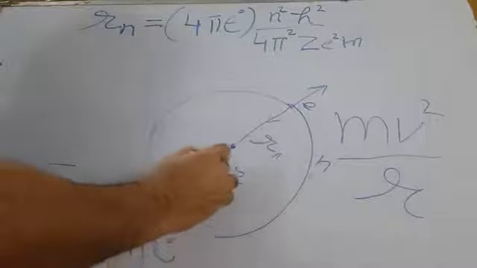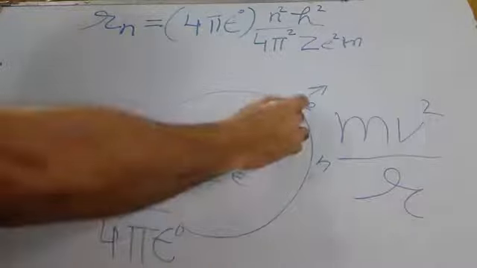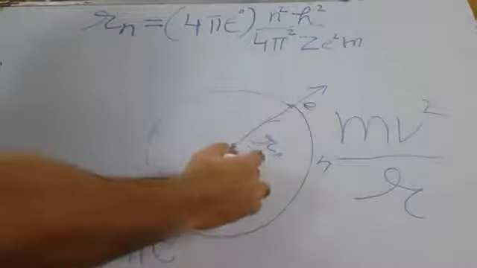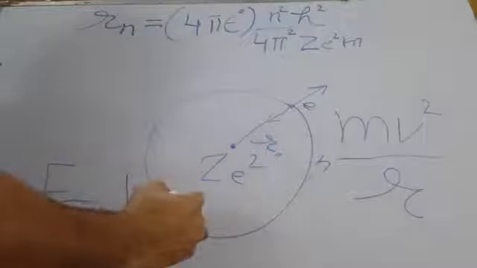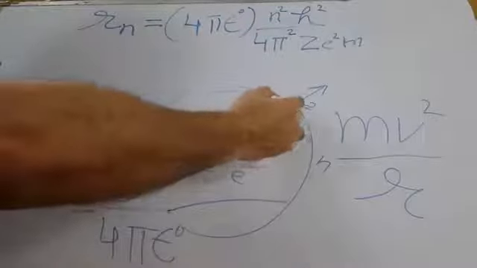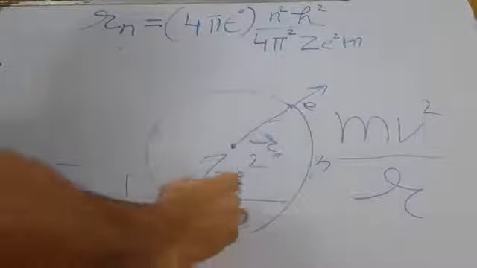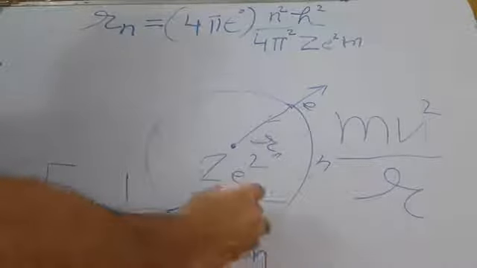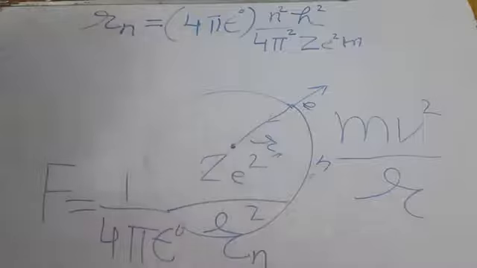Therefore Q1 Q2 is Ze into e, which comes out to be Ze square, divided by the square of this R. Therefore, it comes out to be Rn square.